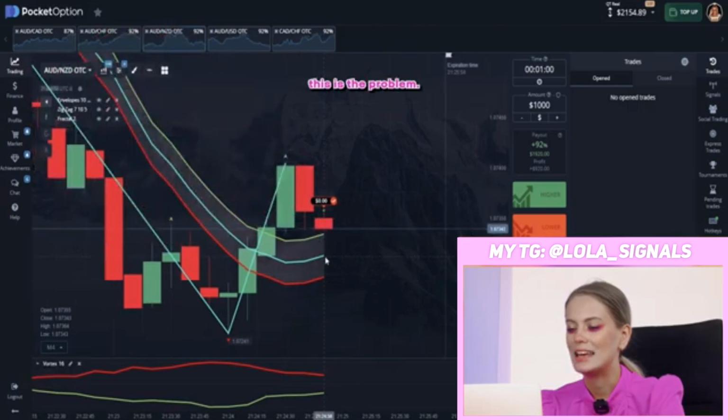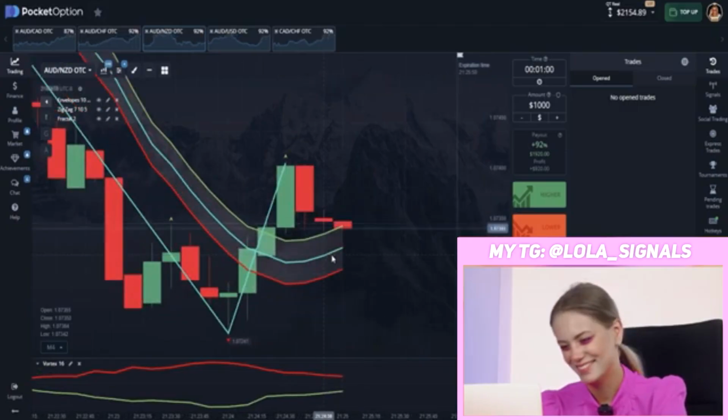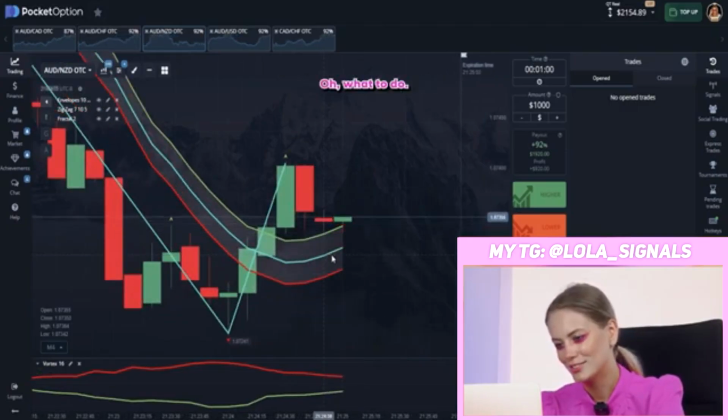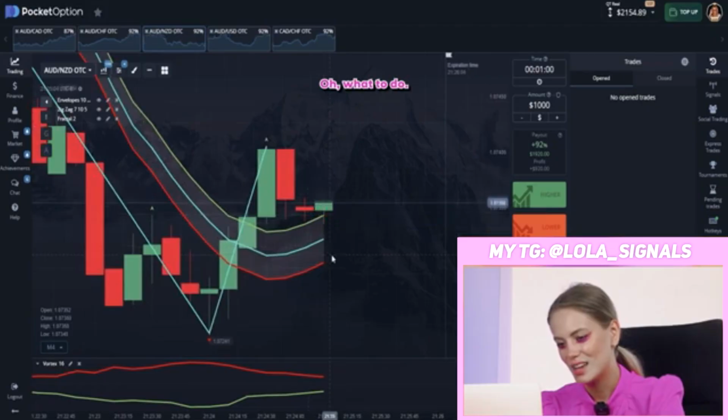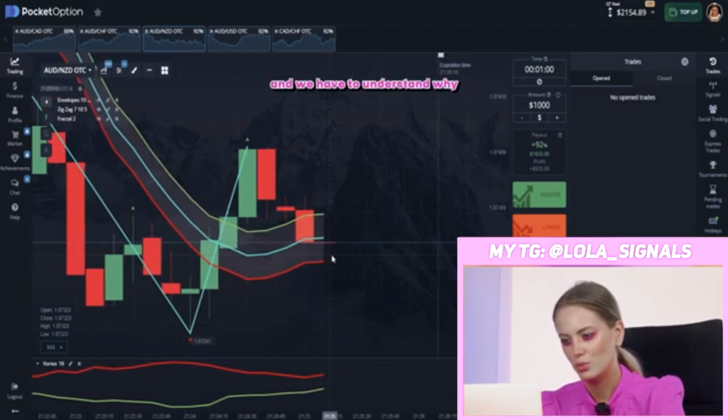This is the problem. It didn't work. So the situation is bad a bit. What to do? But it's still experience. And we have to understand why we didn't receive the profit.